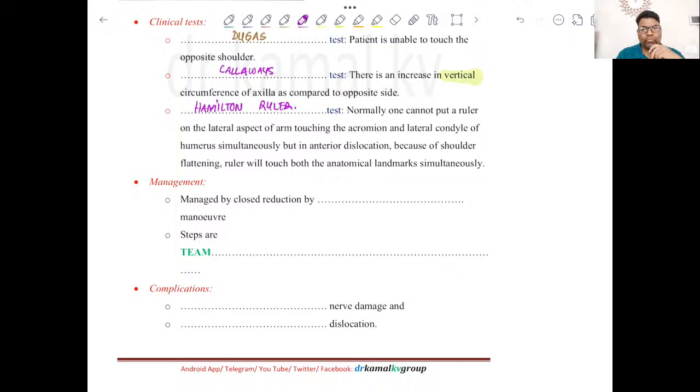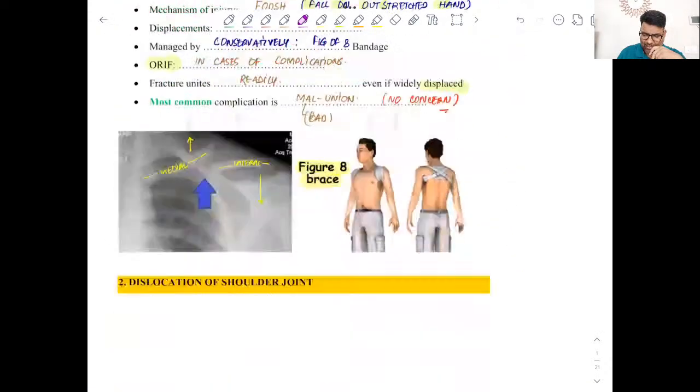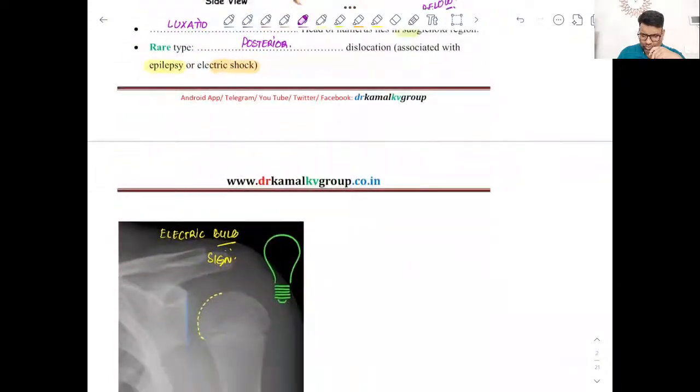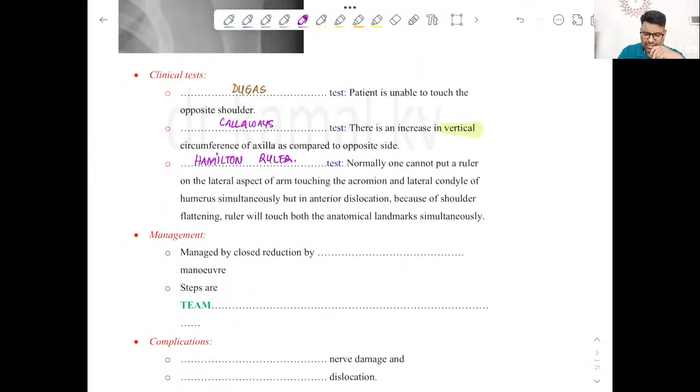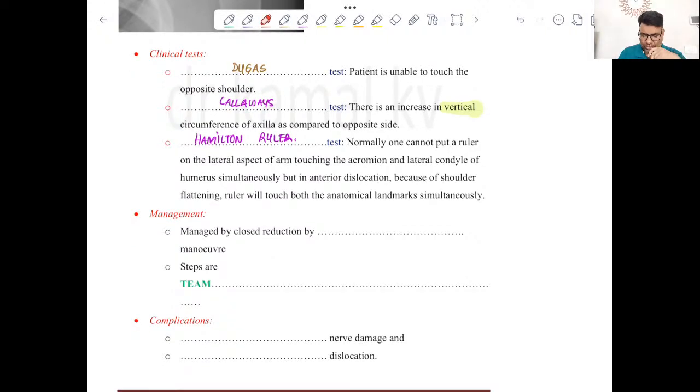But if there is shoulder dislocation, it is easily possible to touch both the bony landmarks with a ruler kept in a straight line, right? So this is the Hamilton ruler test. So these are the three important clinical tests, of course theoretical, which you should know, and most of the times these have been framed in questions, right?